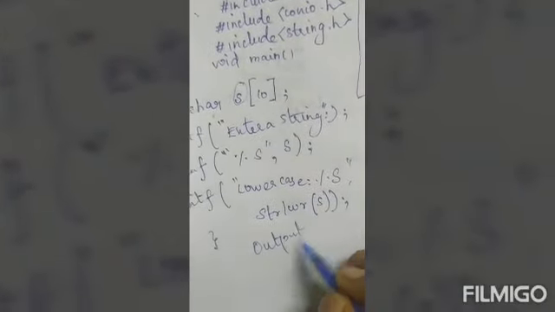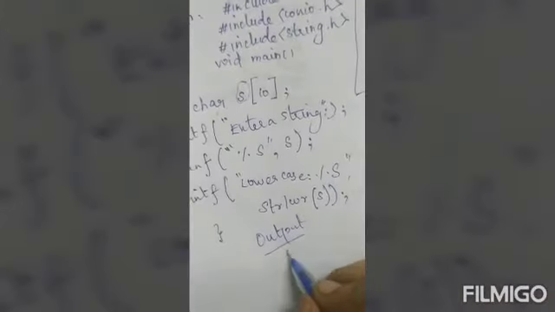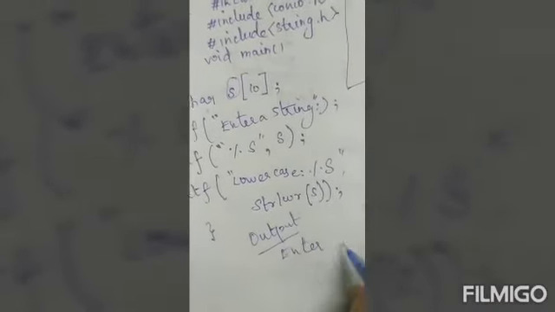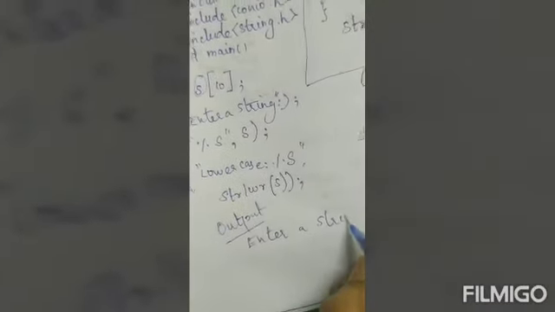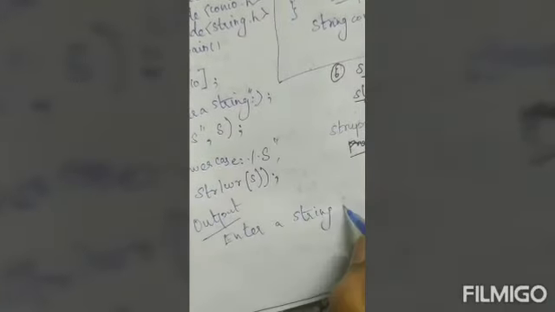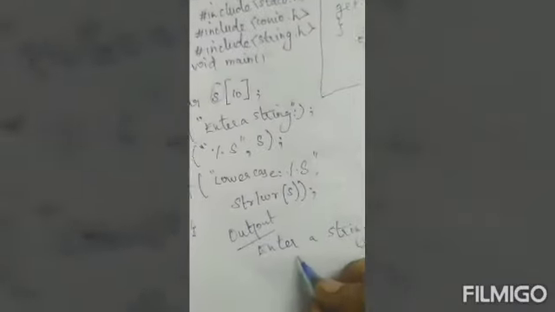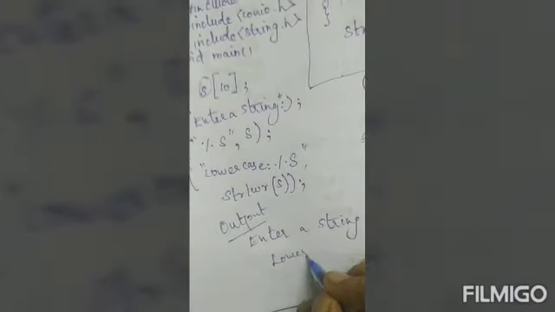Now my output will be: first it will appear, enter a string. I am entering BCA in capital letters, which means the lower case of that BCA will be bca. The same goes for string upper.